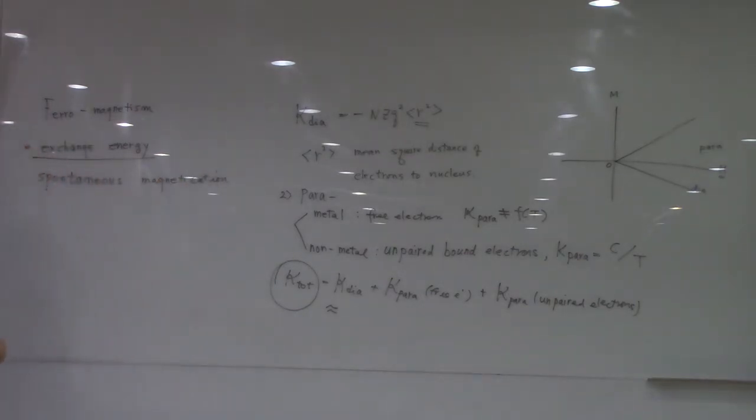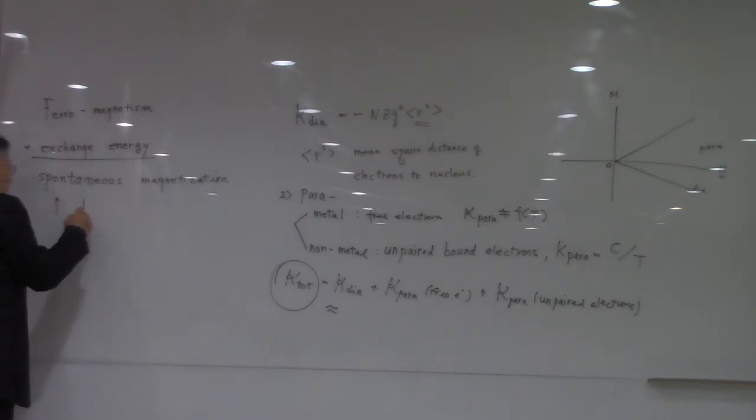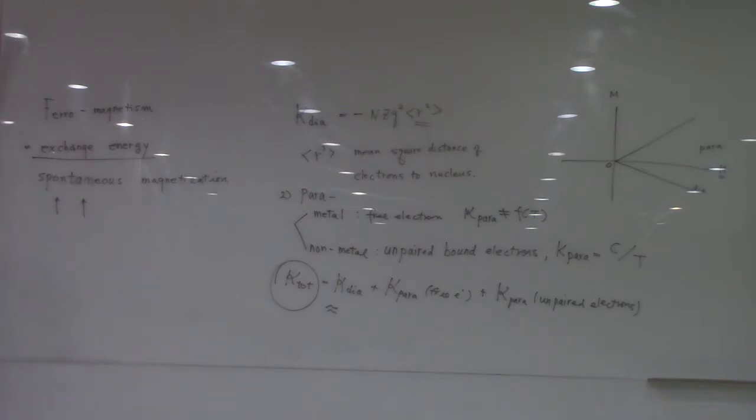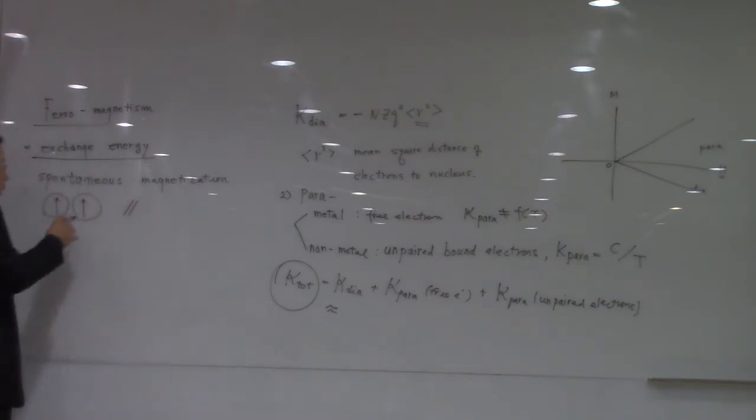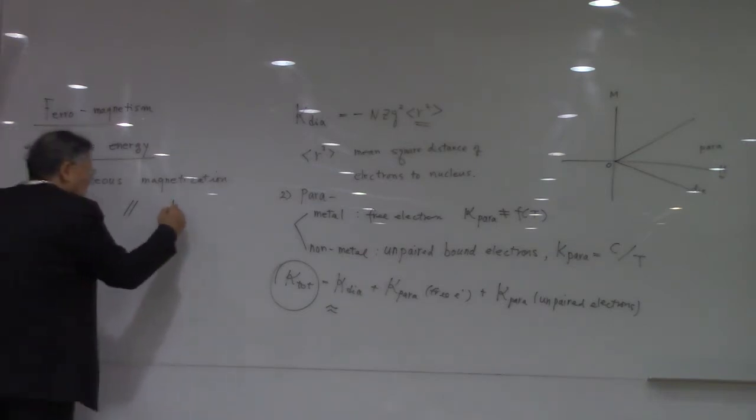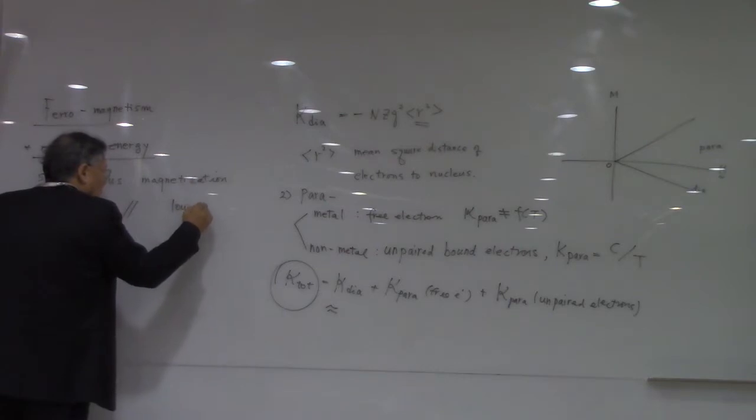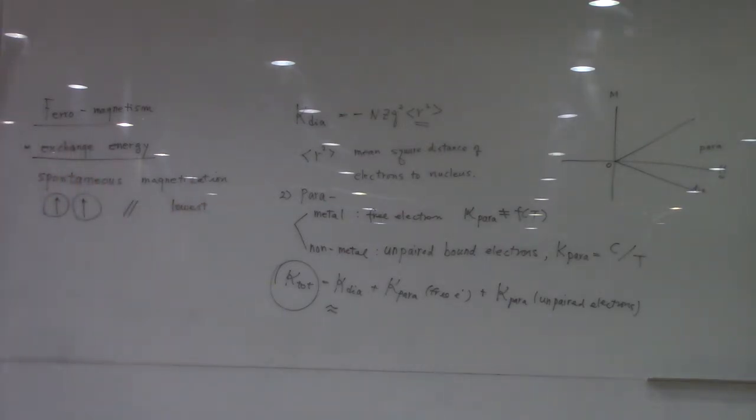This exchange energy is the energy related to the interaction between the nearest spins, okay? And in ferromagnetism, for the materials which show ferromagnetism, the spin direction is parallel. Then the exchange energy of the system becomes the lowest. Okay?